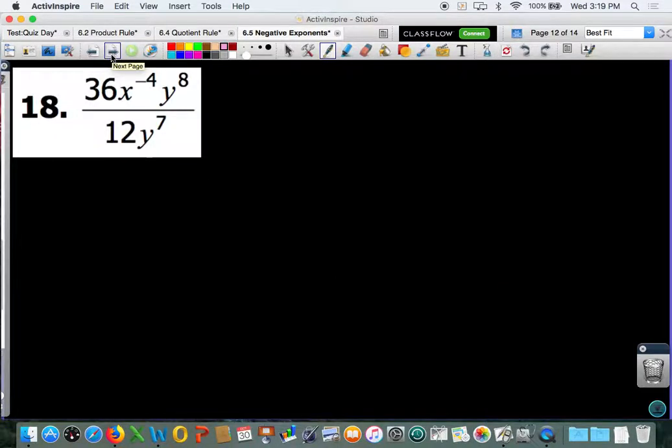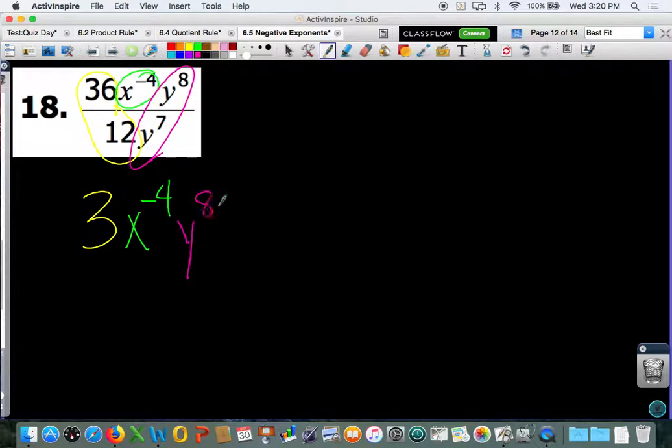18. Excellent. So I'm looking at 36 divided by 12. 36 divided by 12. That's going to give me 3. And, oh, there's nothing here on the bottom for x. So we'll just bring down x to the negative 4. Awesome. And I've got y to the 8 minus 7.